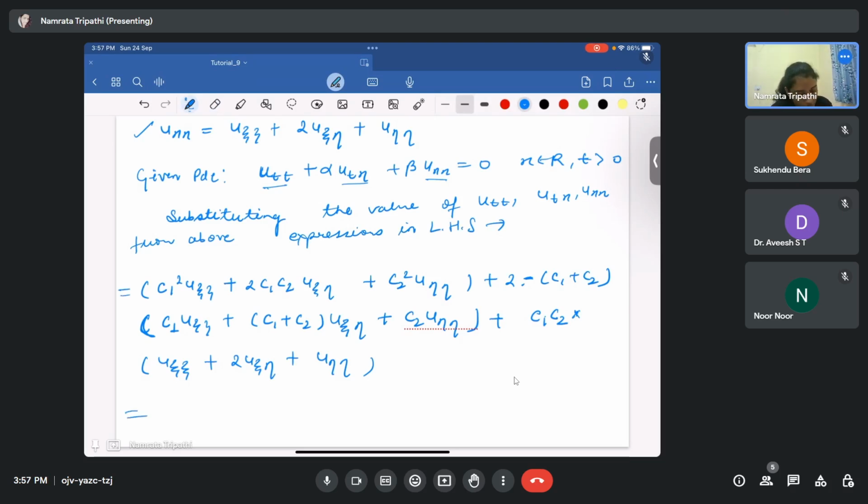Now we have to solve this expression. What will be the value of minus 2 c1 square u xi xi?